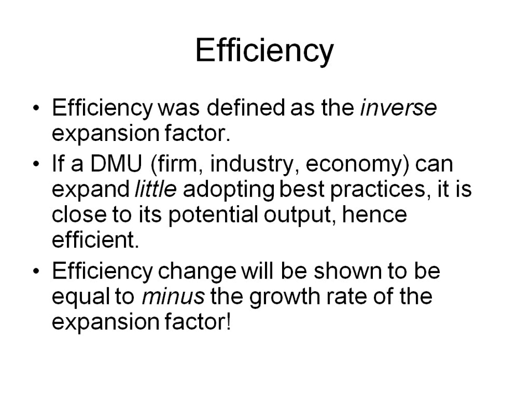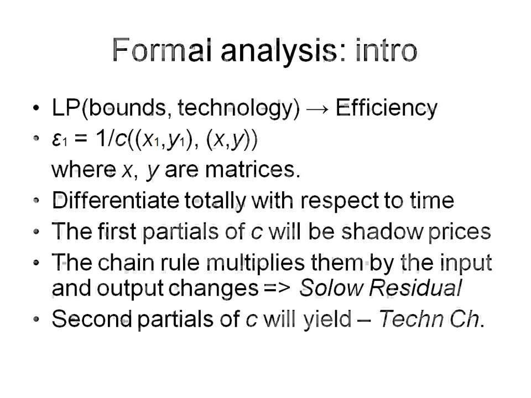So a greater expansion factor means that your efficiency is going down. When you solve that linear program, you hope that the expansion factor will be very small, because then you're efficient. So if the expansion factor is going up, your efficiency is going down. This is just to get you used to a minus sign that will pop up in the subsequent analysis.